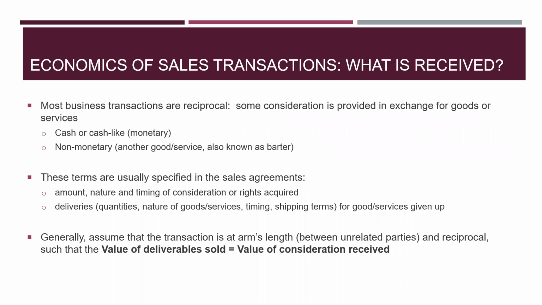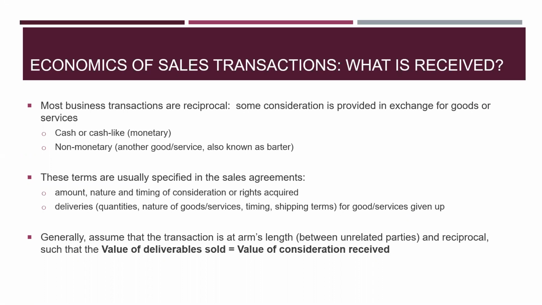So the economics of your sales transactions, what is received. In most cases, when we sell something, the consideration in exchange is cash or cash-like, which is monetary transactions. Often you would see something that is non-monetary, that is, in exchange for the services or goods provided, you would see other goods or services, which is also known as a barter transaction.